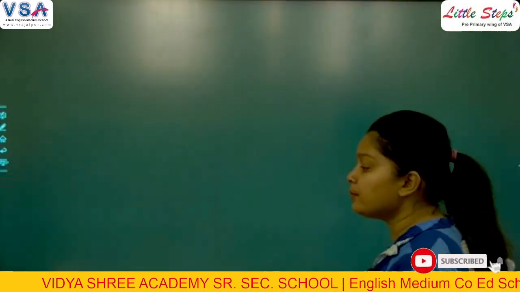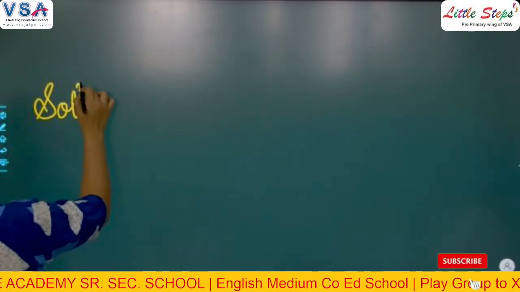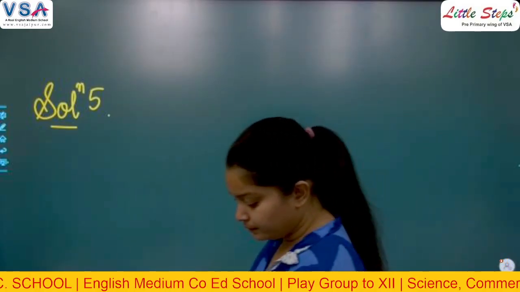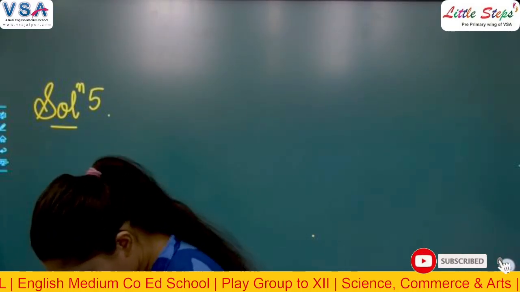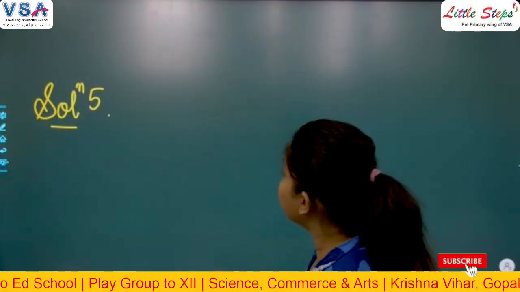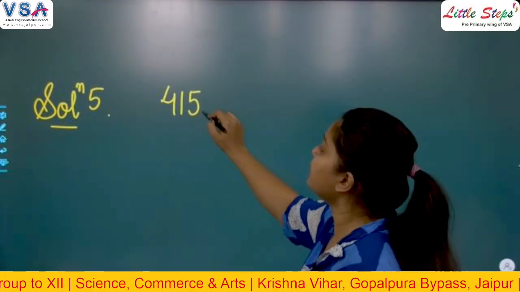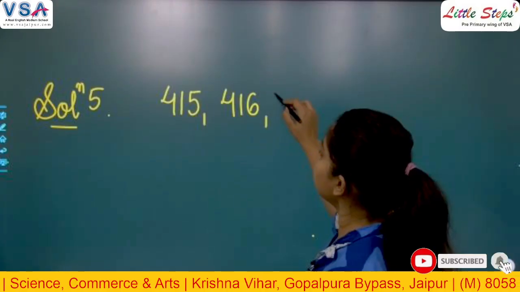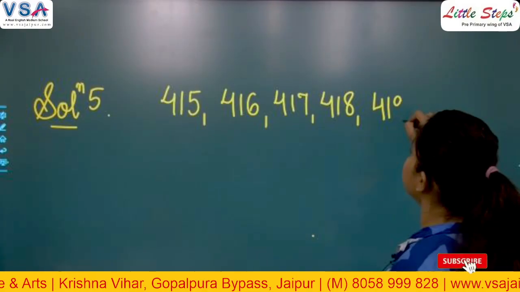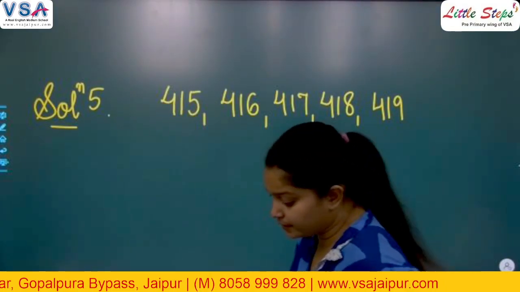So what are the numbers? Tell me how many numbers there are which we will round off. Okay. So we have to round off a few numbers that will come as nearest to 420. So starting from 415, but smaller than that, what are the next numbers?